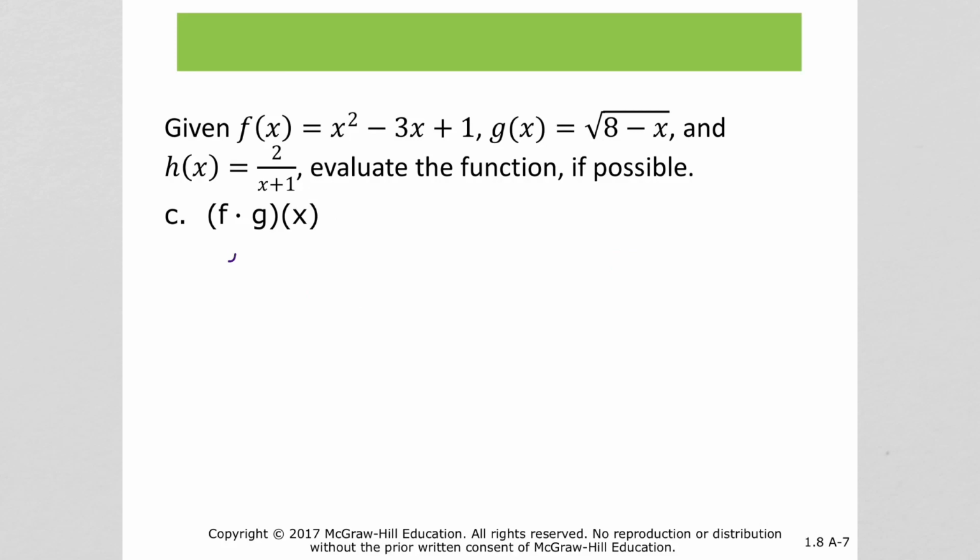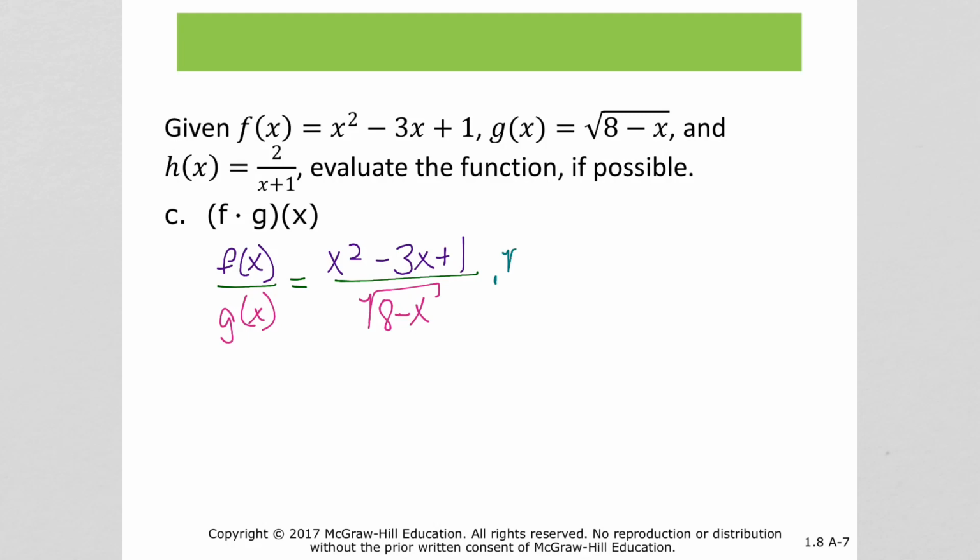f times g of x is f of x divided by g of x. So we've got x squared minus 3x plus 1 divided by the square root of 8 minus x. Now, this one has something we need to do to it, because we can't have a square root in the denominator.